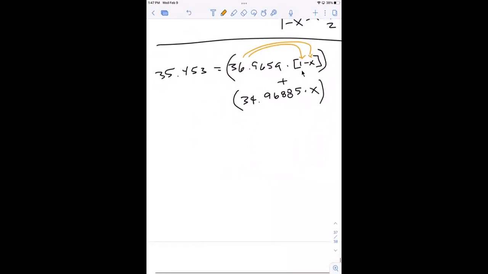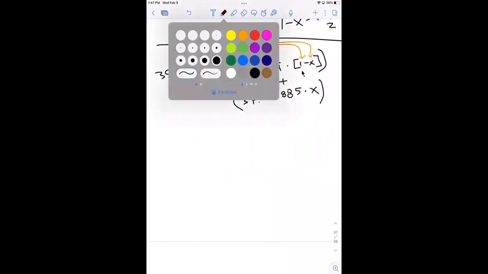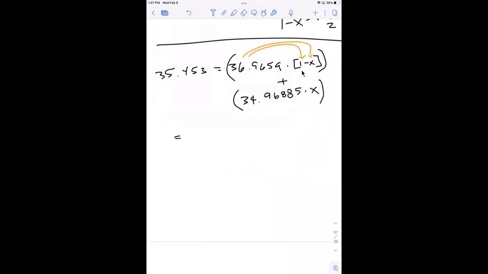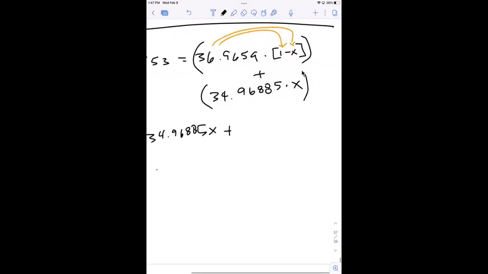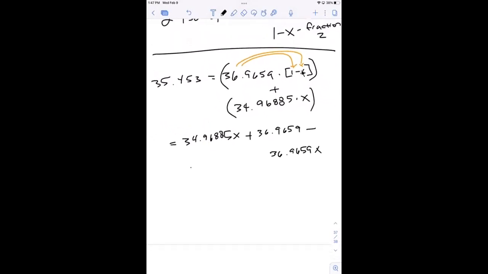So we end up with an equation that looks like this: 34.9688x plus 36.9659, that's that times 1, minus 36.9659x. Yes or no? Everybody's quiet.